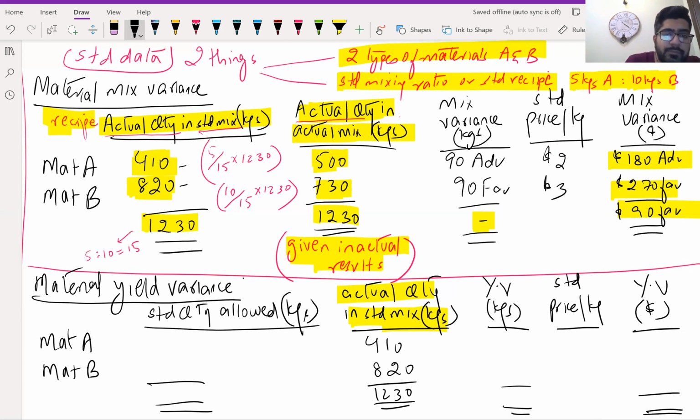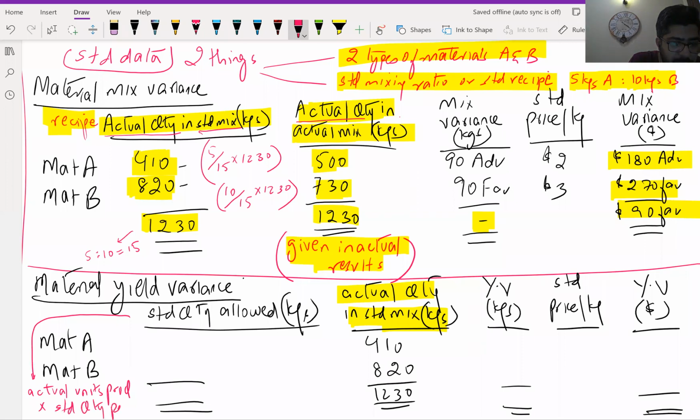I've told you a formula for standard quantity allowed. Remember? Actual units produced into standard quantity per unit. For standard quantity allowed, you can calculate it. Actual units produced: go to the question.